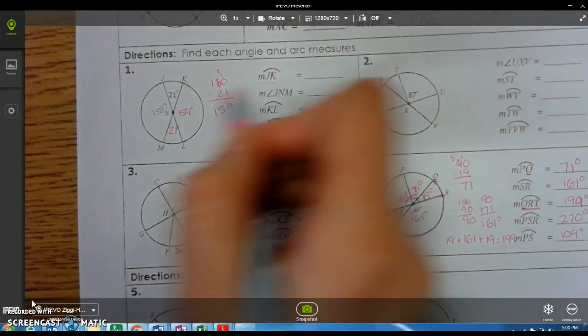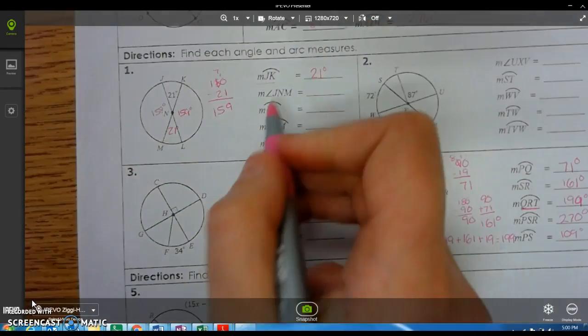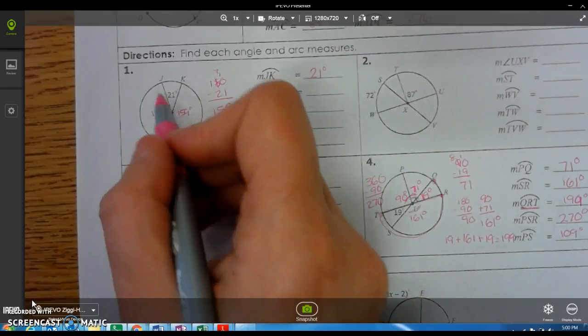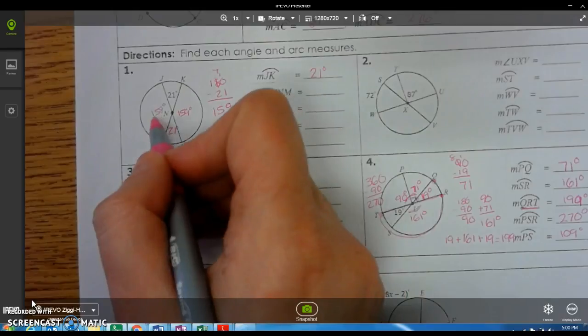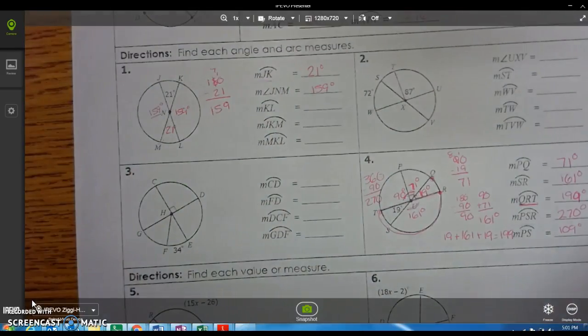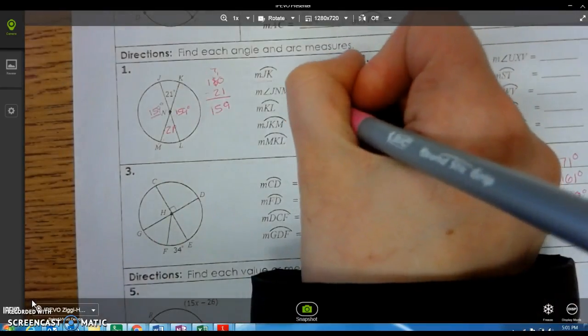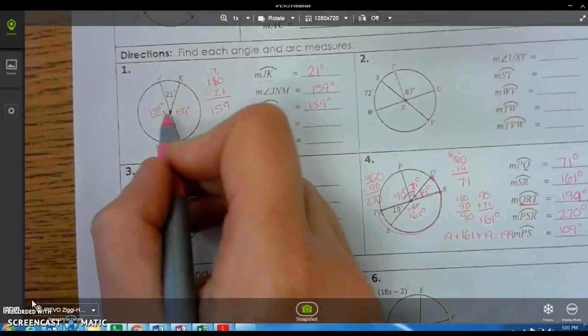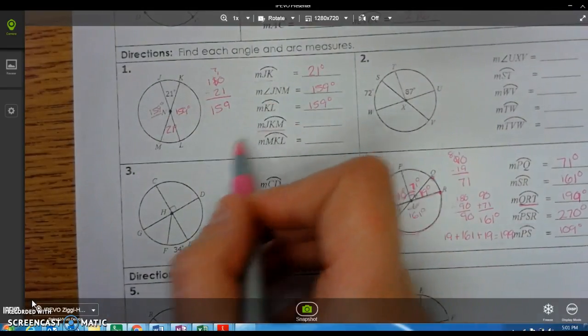JK, the arc, is the same, so that's 21. JNM, JNM is an angle, but it's a central angle, so we know it's this right here, 159. KL, K to L is 159, because it's the same as this angle. JKM, major arc, I'm going to have to add.